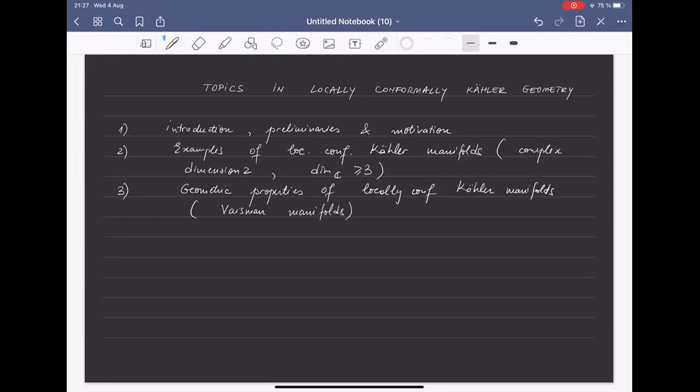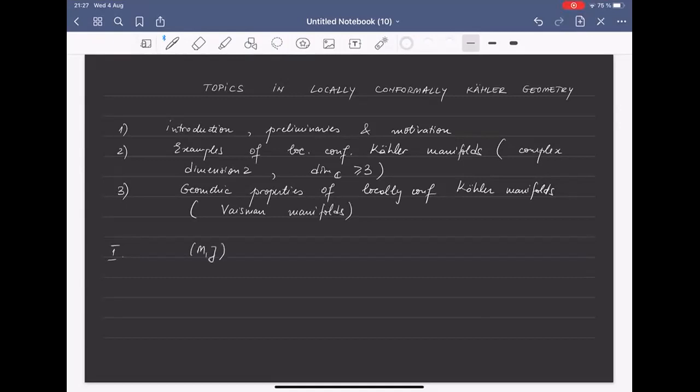Okay, so this would be the outline of the course, and I will start by fixing some notations that I'm sure you are very familiar with already.